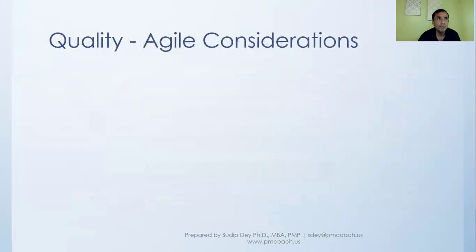Now, when we talk about quality, there is some difference in how it happens in an agile environment compared to a predictive environment. In agile, as we know, work goes through iterations.